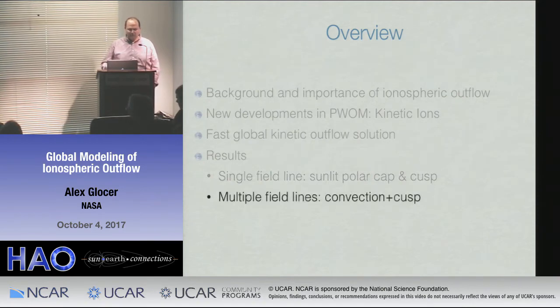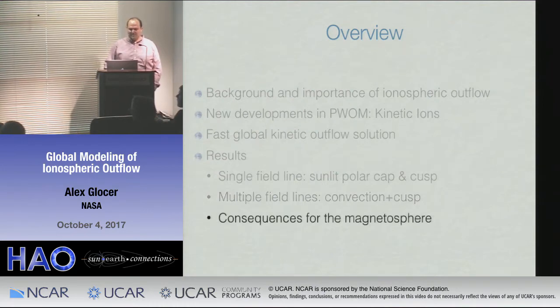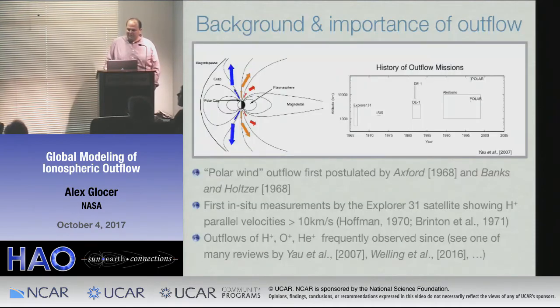Then I'll look at the global solution, combining the convection and the cusp effects. And then finally, I'll talk about consequences for the magnetosphere. And to do that, I'll use the outflow model coupled with the multi-fluid Batts-Rust code and the SIMI model for ring current and radiation belt. So that's the overview.